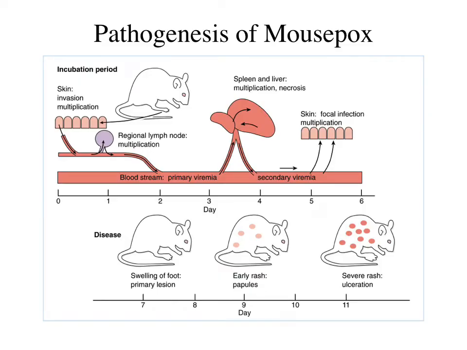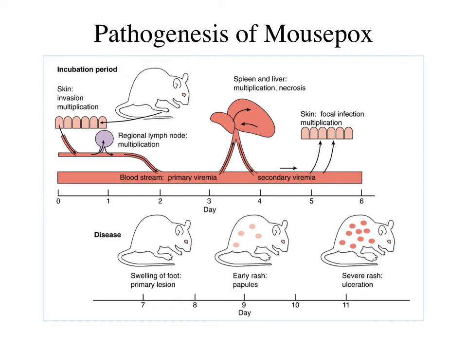So let's look at a specific example. This is pathogenesis of mousepox virus. In a laboratory situation, they would inoculate the virus into the foot pad. And that's where you get your initial replication. Eventually, the virus is released into the bloodstream. That's your primary viremia. The next stop is going to be the spleen and liver.